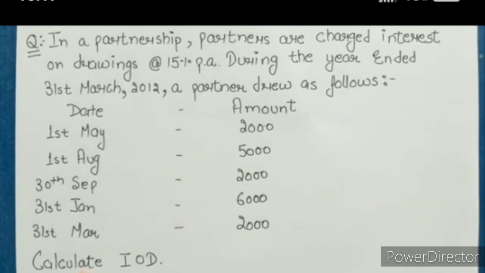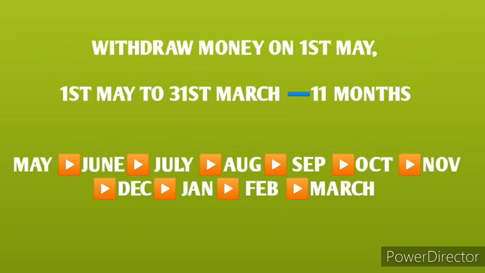Now we have to see that a partner withdraws money on 1st May, then how many months are there from 1st May to 31st March. If he uses that money from 1st May to 31st March, then according to the number of months that money is used, we will calculate the interest on drawings accordingly.